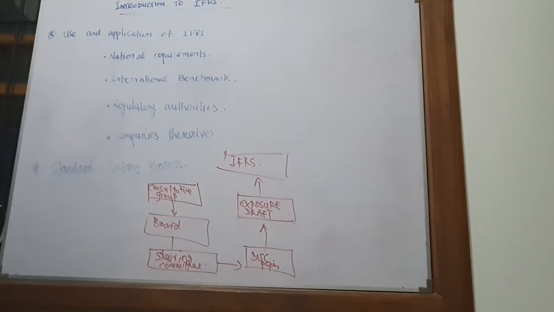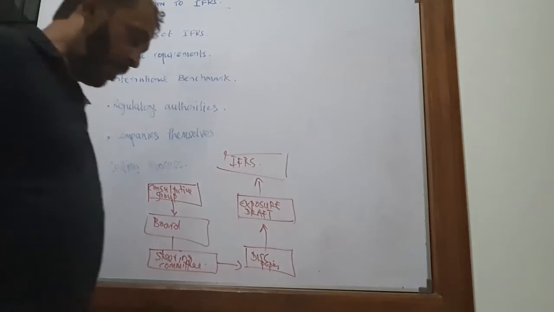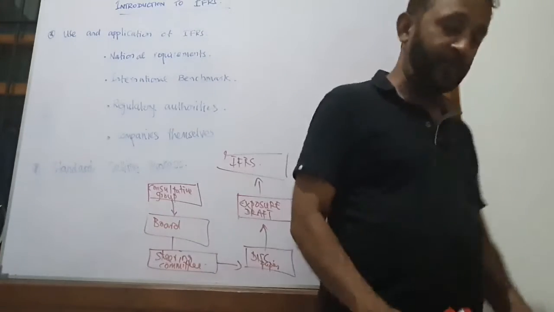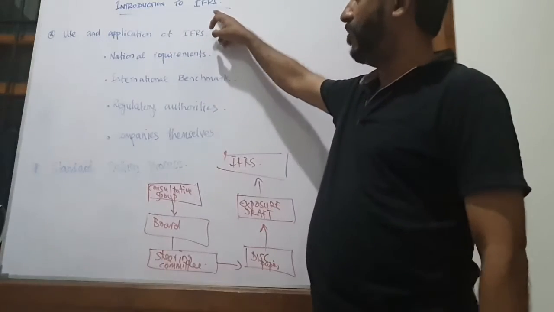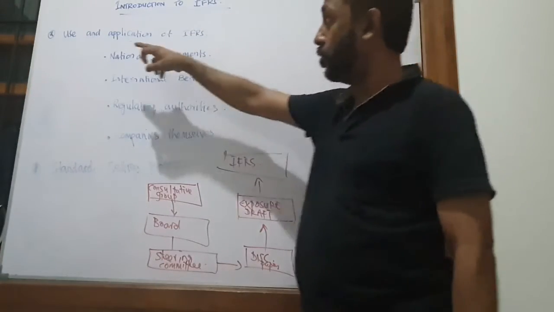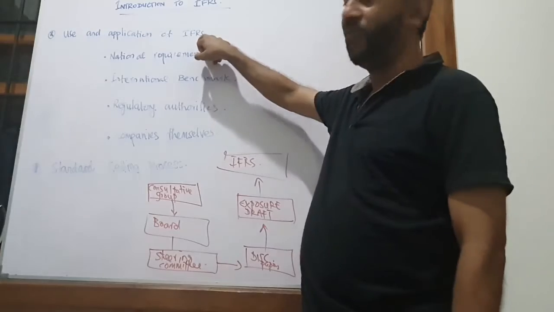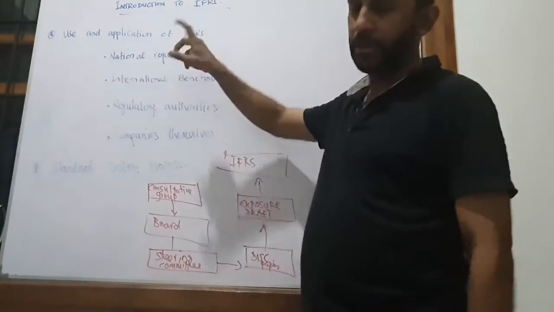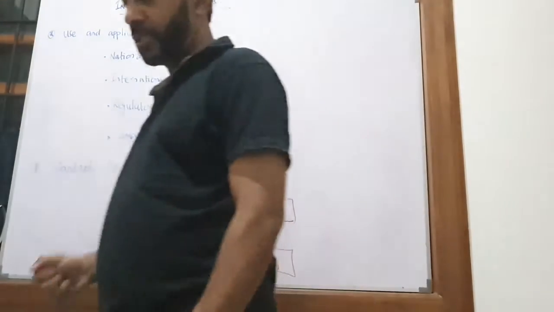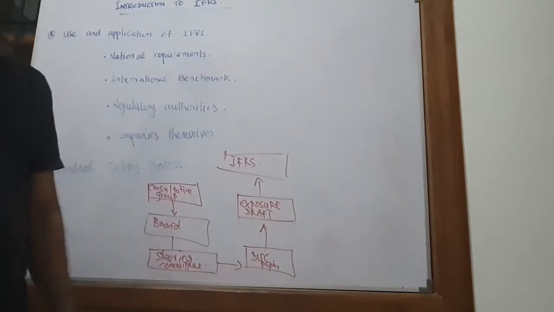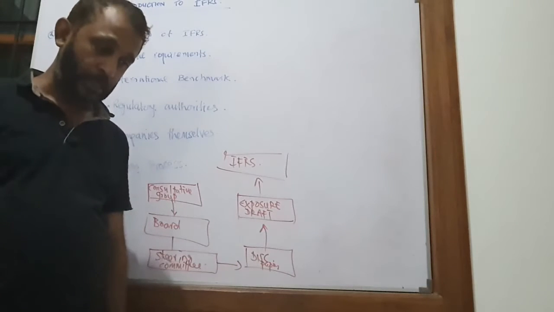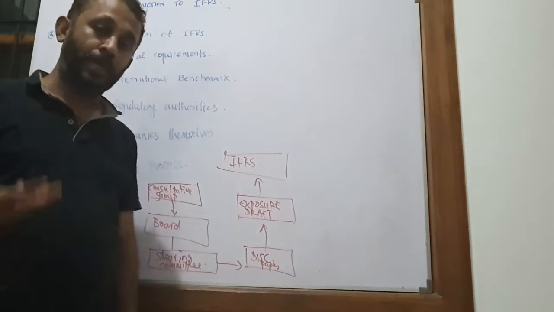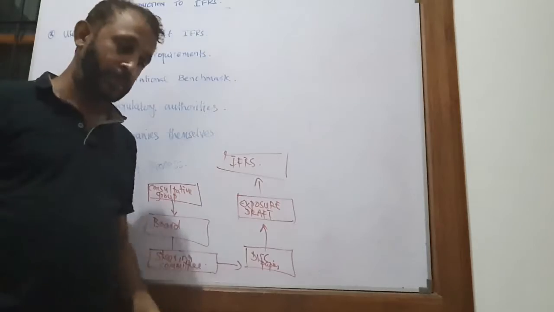the basics. Now, why do we have to set up accounting standards, or why do we need international financial reporting standards? One, the use and application of IFRS. One of the reasons is national requirements. If you take, for example, Sri Lanka or Pakistan or Qatar or Saudi, when they wanted to develop their own accounting standards, they needed some basis, some benchmark.